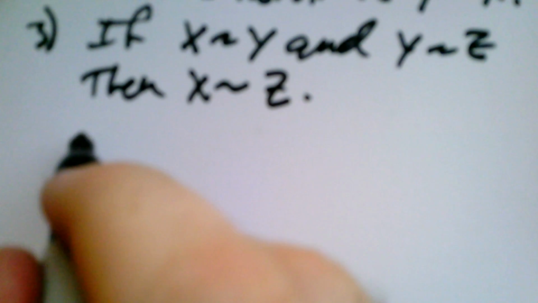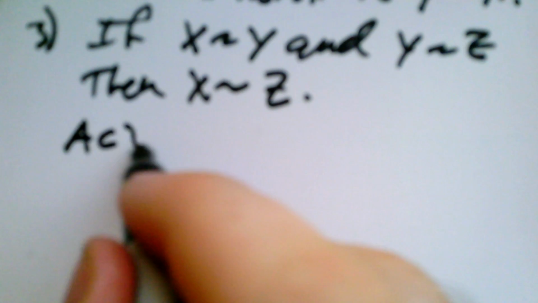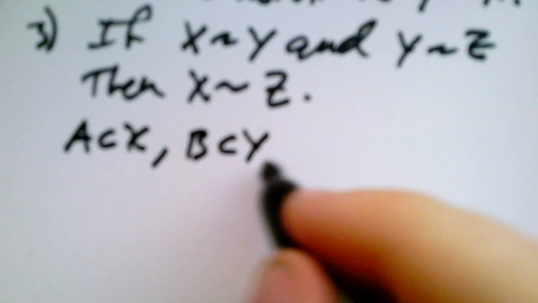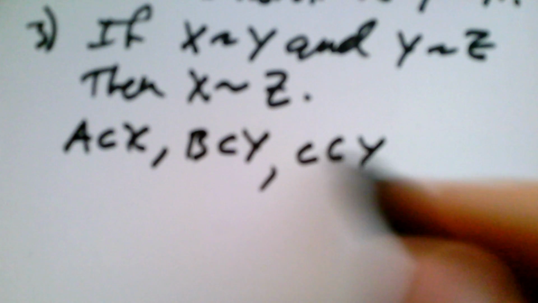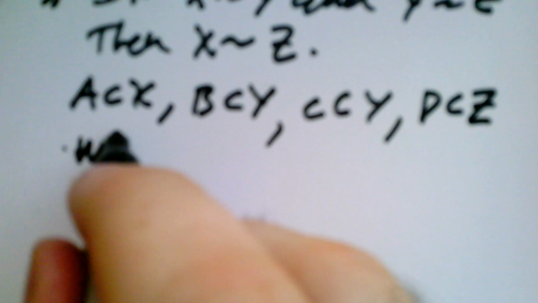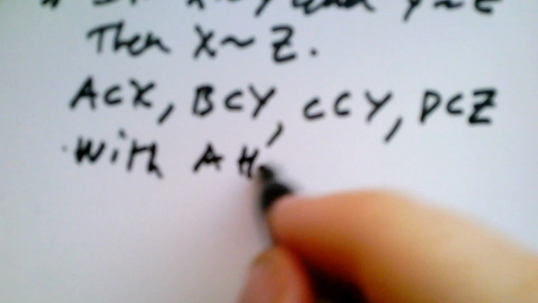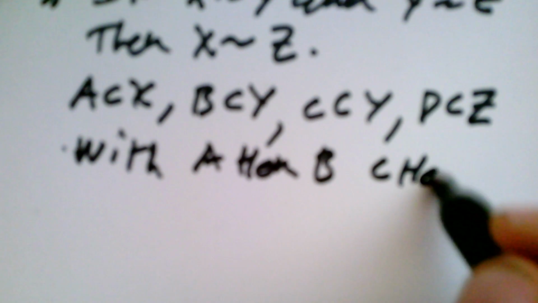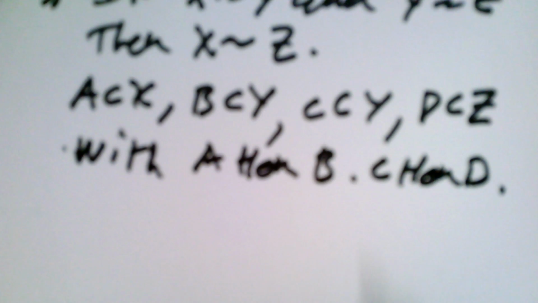Okay, so 3. We want to show that if X is similar to Y and Y is similar to Z, then X is similar to Z. So we want A in X, B in Y, C in Y, and D in Z, with A homeomorphic to B and C homeomorphic to D. Unfortunately, we don't get that B and C are the same.